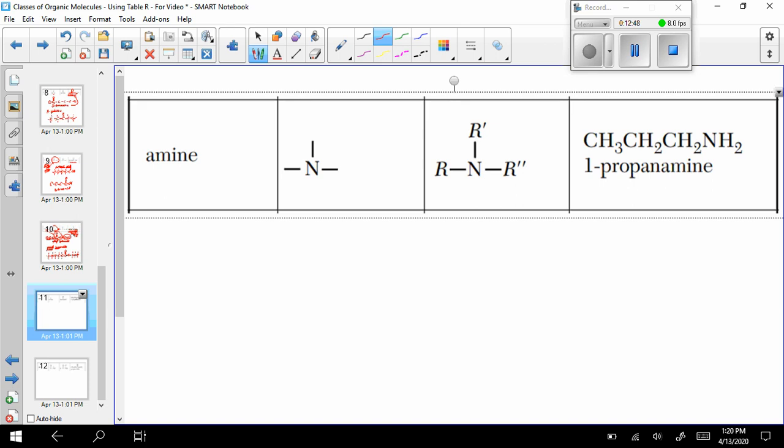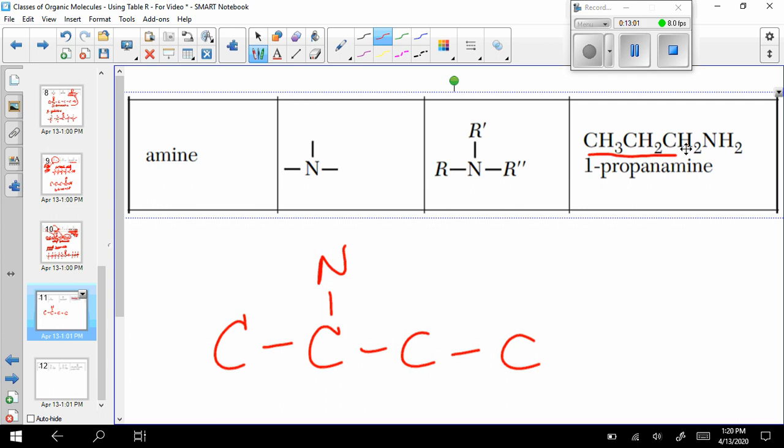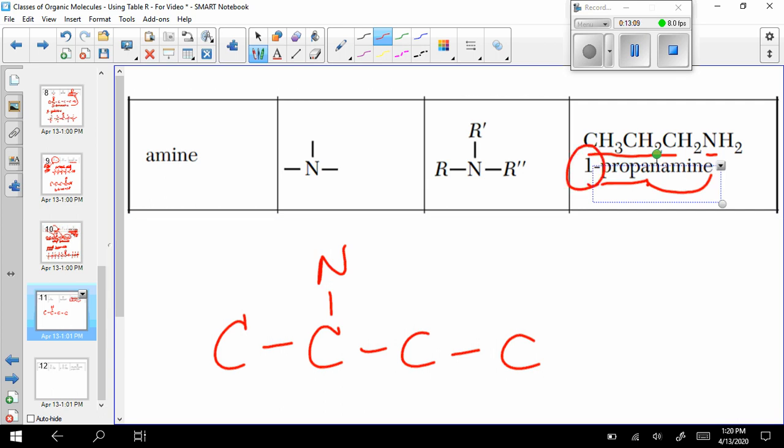All right, next one is an amine. An amine has a nitrogen in it. So let's go like this, 1, 2, 3, 4, and let's put a little nitrogen right there. And let's look at how they named it. 1, 2, 3 carbons, and then a nitrogen after it. So 3 is prop. Anamine is how you name it, and then 1 tells me that this came off of the first carbon.